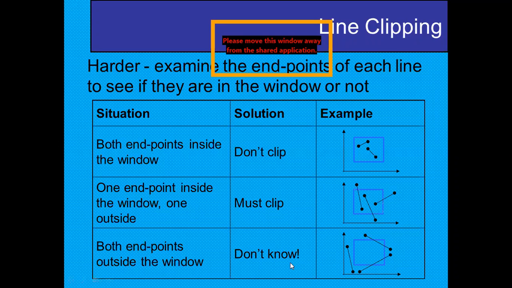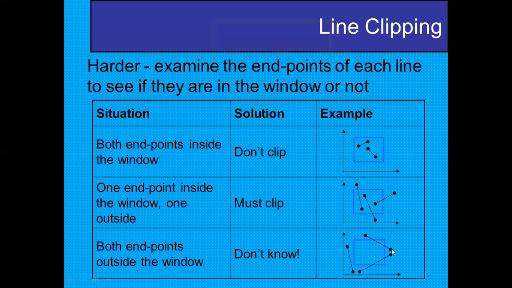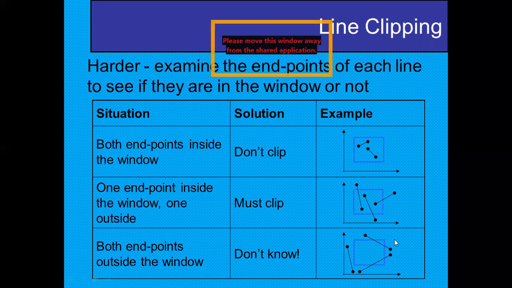Similarly, in the third case we are unable to take the decision, because both endpoints are completely outside but the line is crossing two edges of the window. Here the corner is different, but this line segment passes through two edges of the window. So whatever the solution is, we don't know.